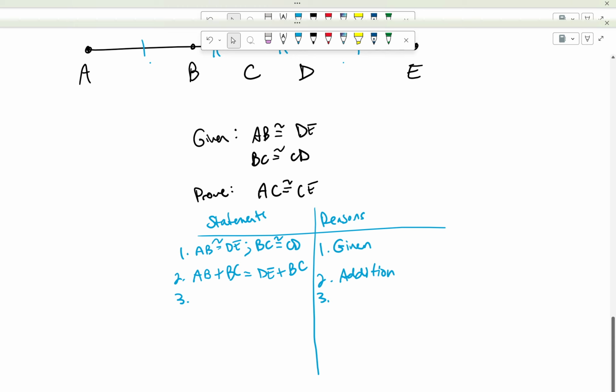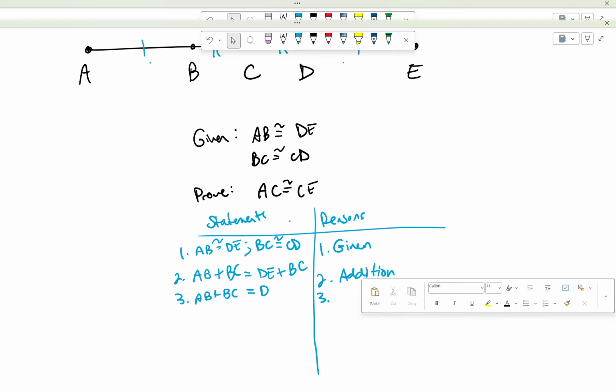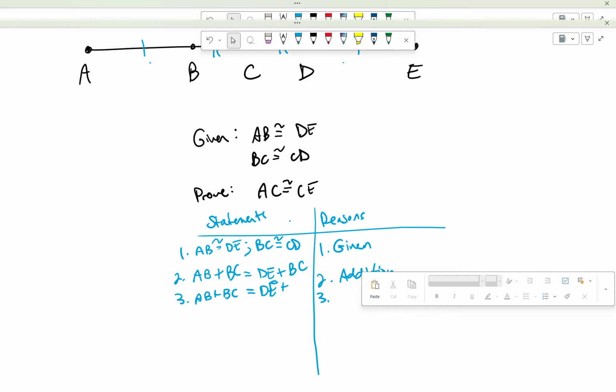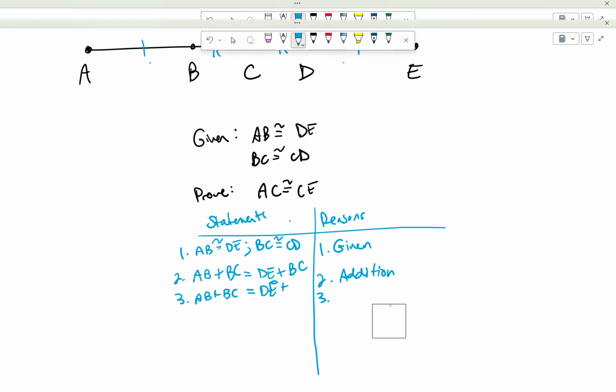What I could do is now, because I have BC and CD being the same, couldn't I do this? Could I just say that AB plus BC is the same thing as DE, but remember what I did here, DE, and I had BC added in. Could I just do a direct replacement here for BC and make this CD?